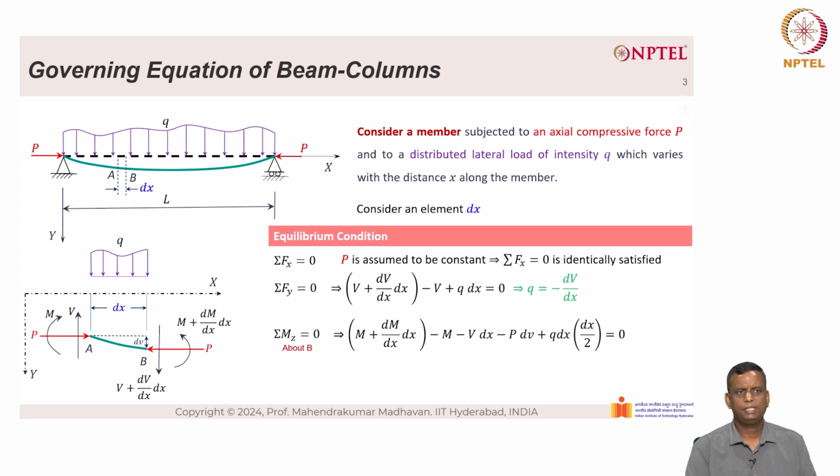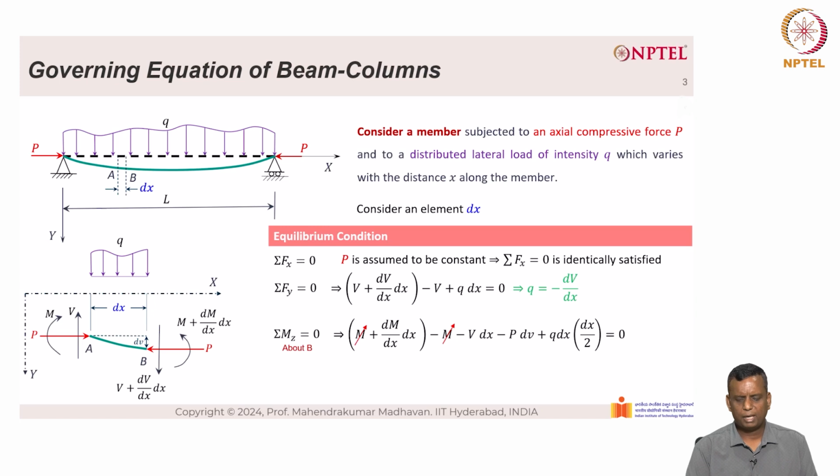Minus V into dx: V is the vertical force acting upon a lever arm dx, and this is clockwise, so minus V into dx. And then we have P, the axial force acting with a lever arm of dv, so it is minus P into dv. Plus q into dx is the force because it is a uniformly distributed load, so we multiply q with dx, and the lever arm is dx by 2, so q into dx by 2 is equal to 0.